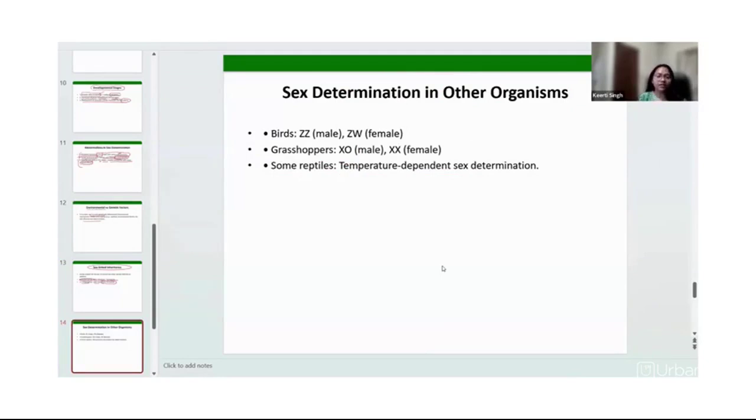What will happen in other organisms? For example, the sex determination in case of birds is governed by the Z chromosome, I mean, right? Grasshopper, it is the X0 type, right? If both the X chromosomes are there, the developing grasshopper will be female. If one of the X is absent, that will be male.